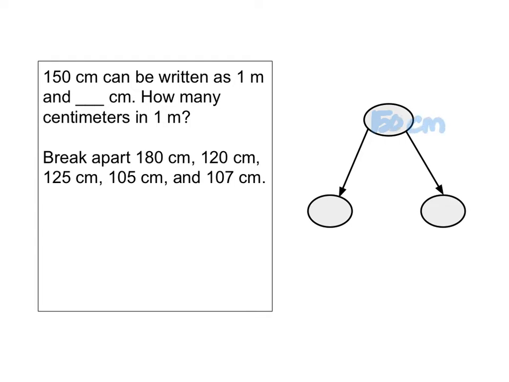And 150 centimeters can be written as 1 meter and 50 centimeters. Does that make sense? Because 100 centimeters is equal to 1 meter, and then we're left with 50 centimeters on the other side.